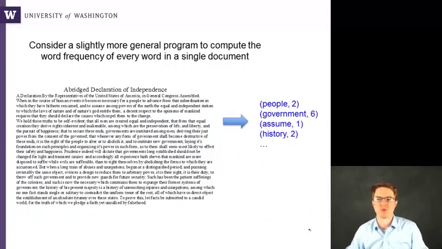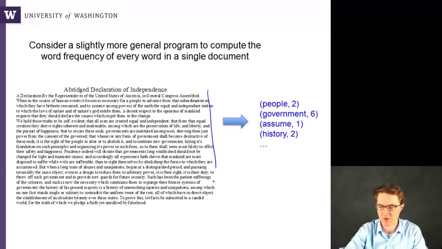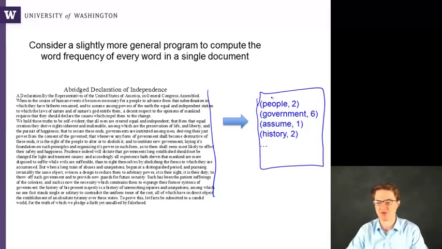Consider a slightly more general program that computes the word frequency of every word in a single document. Instead of just finding the most common one and producing that, now you're going to produce a histogram of the frequencies of every word in the document. Given this input, you produce a set of items. The only reason I'm making this distinction from the last one is that the last one took a single document and produced a single word.